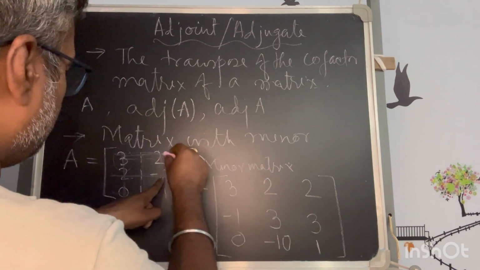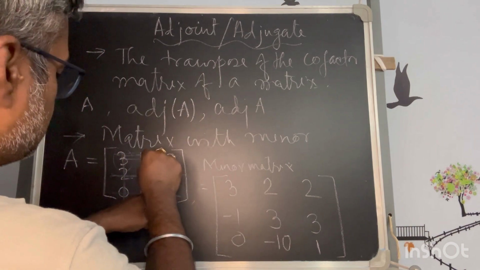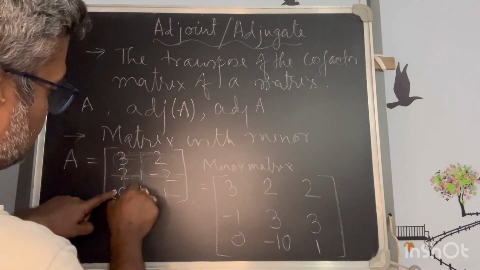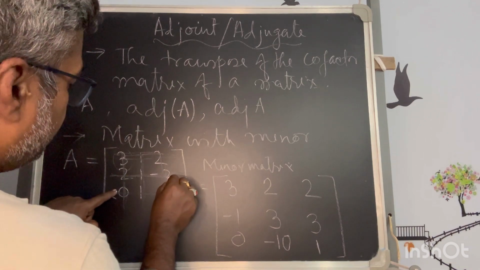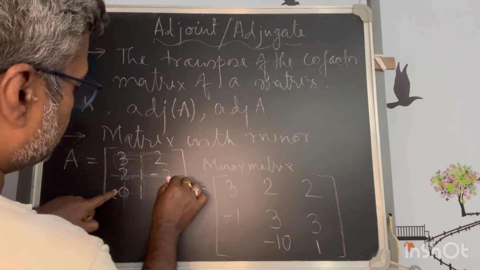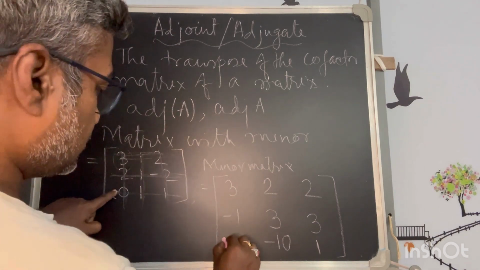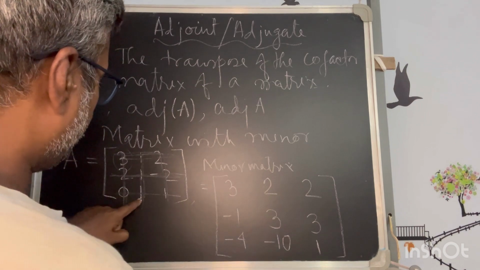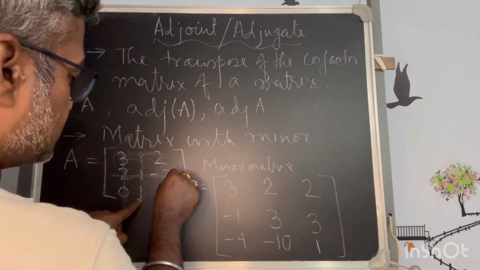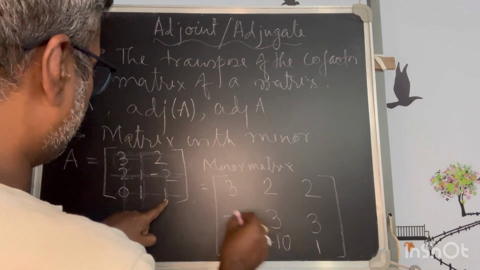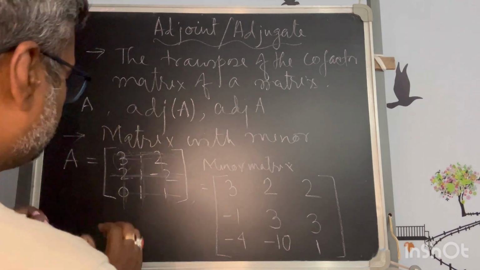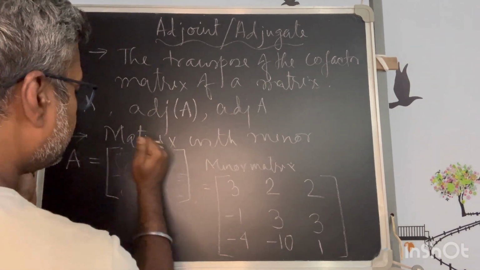For this, 3 into 1, 3, minus 0, this is okay. For this, 1 into minus 2, that is equal to minus 2, minus 2, that is equal to minus 4. For this, 3 into minus 2, that is equal to minus 6, minus 4, 10, and for this, 3 into 1 minus 4, that is okay.